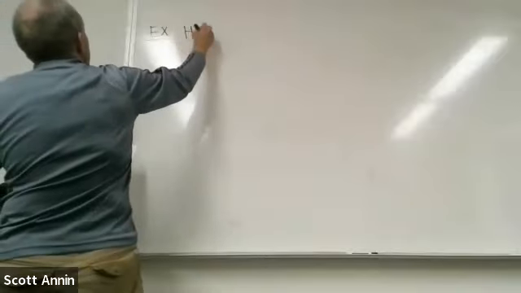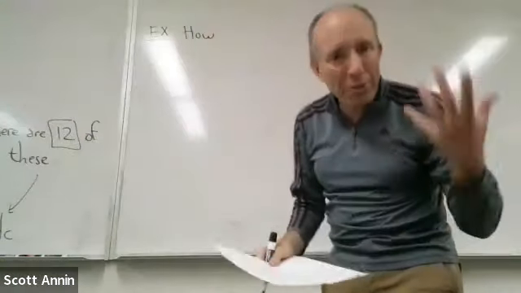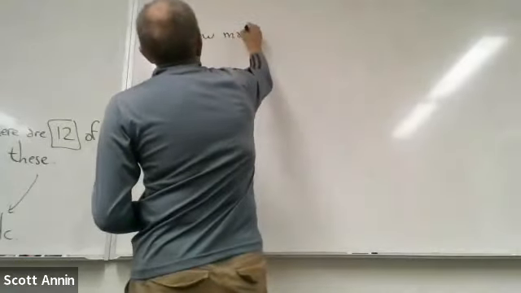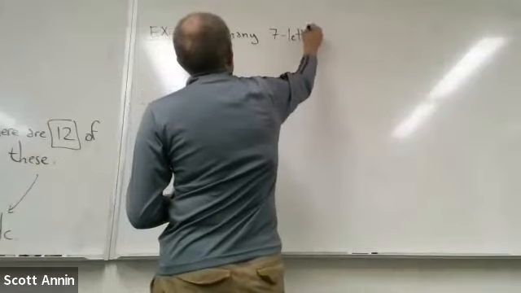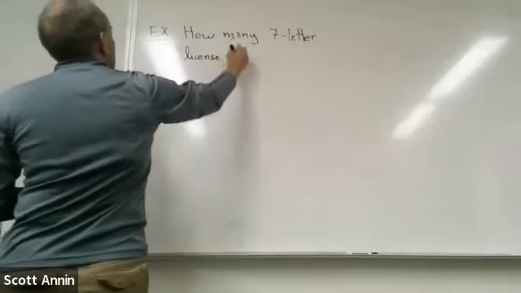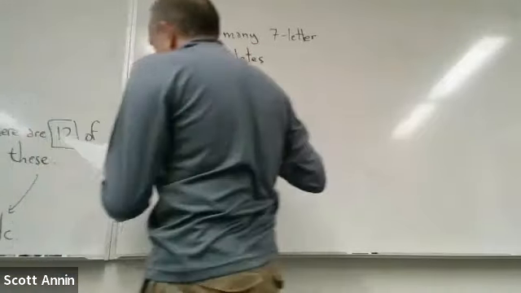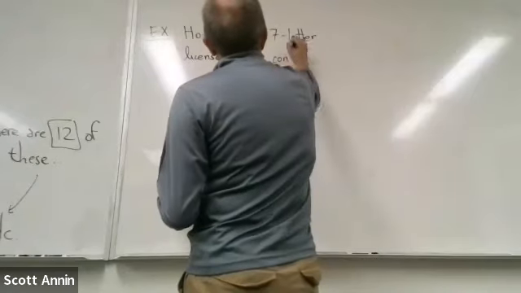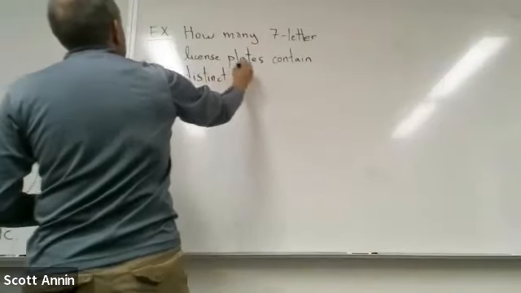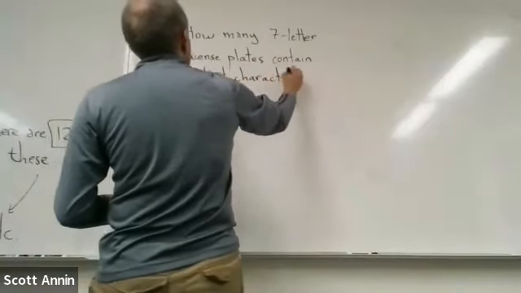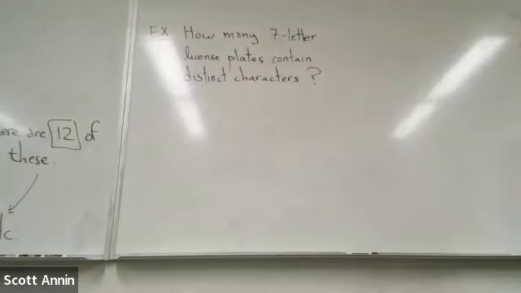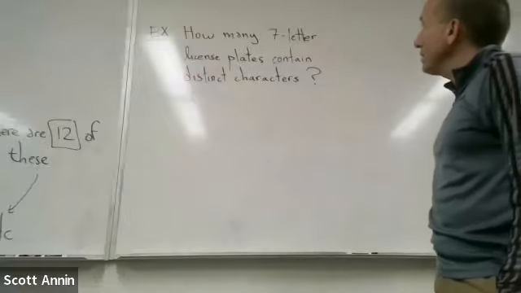This time I'm not going to enumerate all of the arrangements. I just want to count them. Often in combinatorics, that's all we're interested in. So how many 7-letter license plates contain distinct characters?